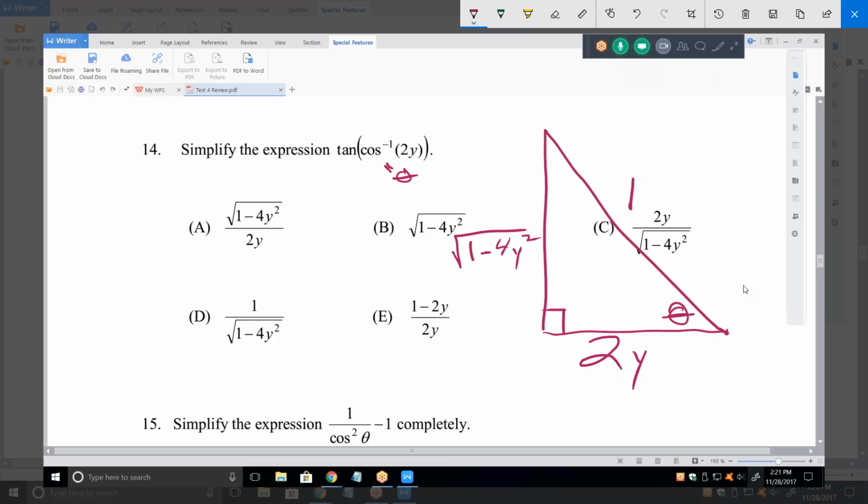Correct. Should be A. And that's how you do these. But the critical step really is to understand that that is theta. If you don't do that as a first step, you're never getting to the second step.